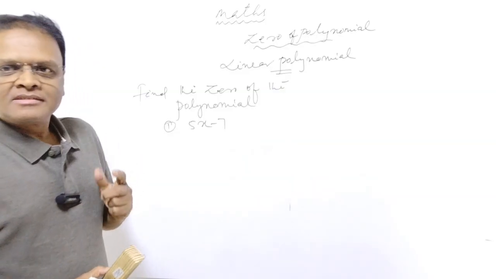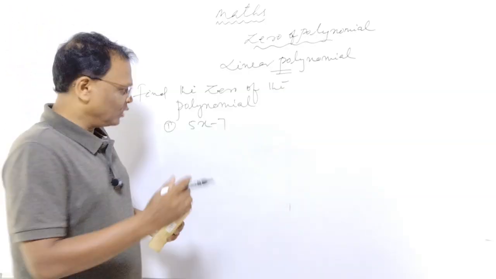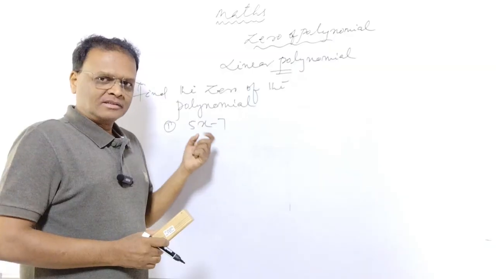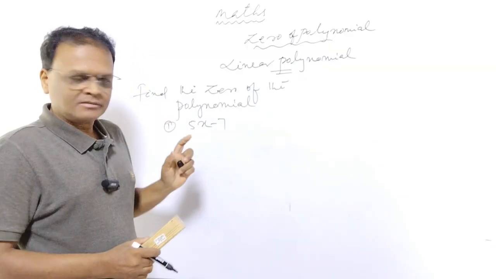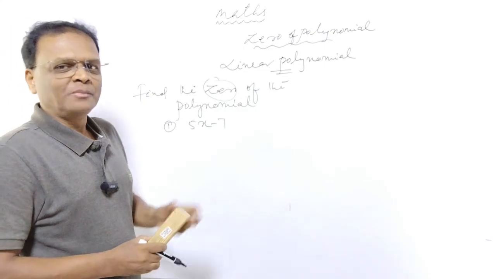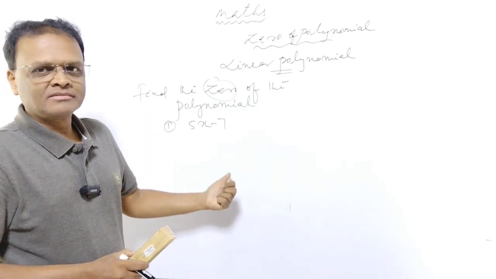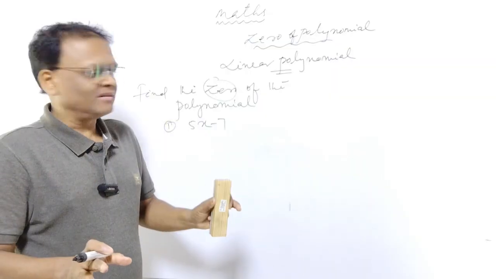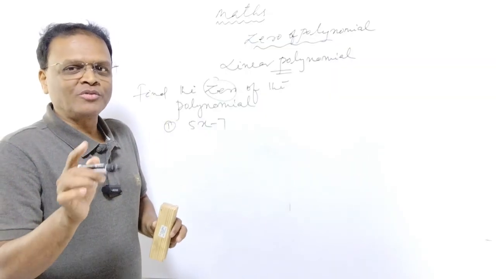What kind of polynomial this is? Linear polynomial. Why? Because the degree is 1. Therefore, we have to find the value of x. Because he is asking to find the 0, it means you are going to find x. That's all. Nothing else. 0 of the polynomial means you are going to find x value.